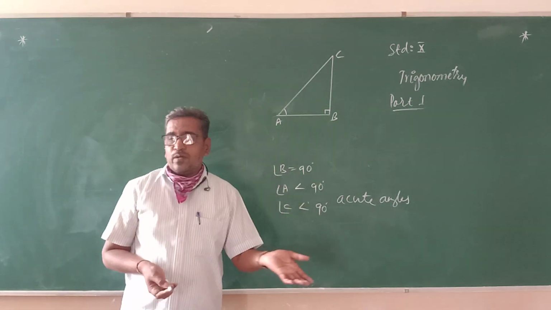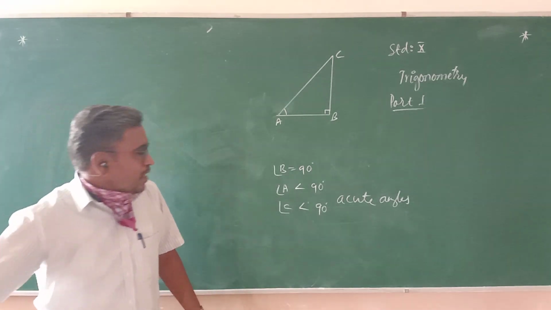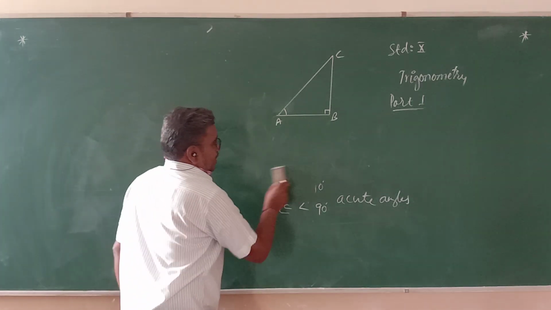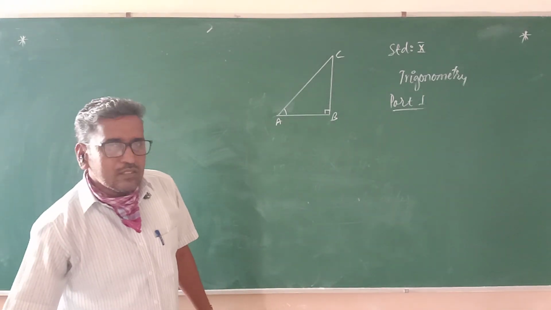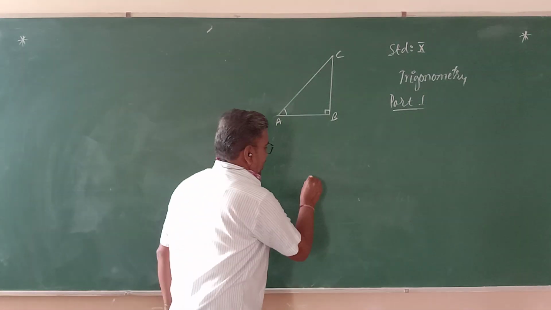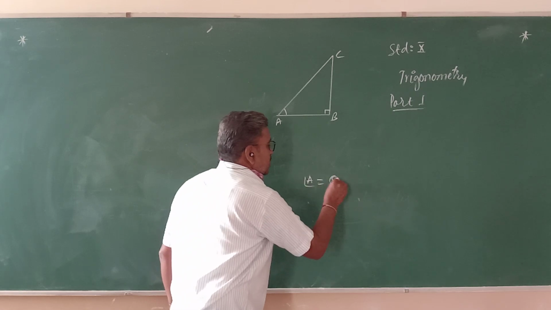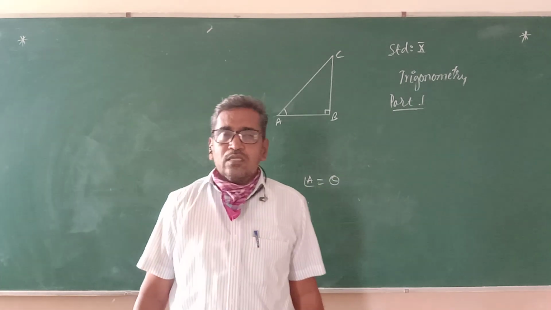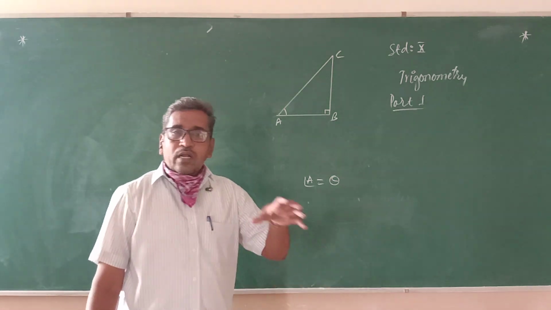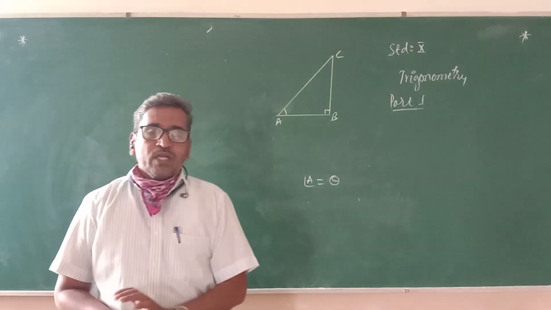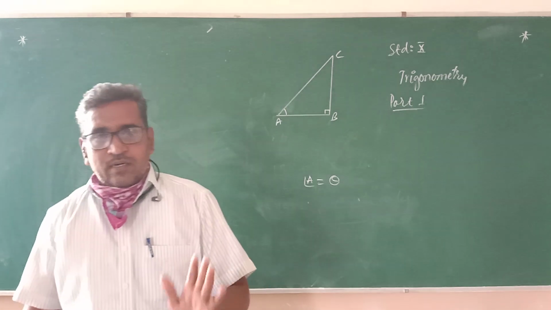So similarity properties we are going to apply. Now about angle A, sometimes we give angle A equal to theta. Generally we use theta, the Greek letter, to give some ratios of the sides of the right angle triangle in trigonometry.